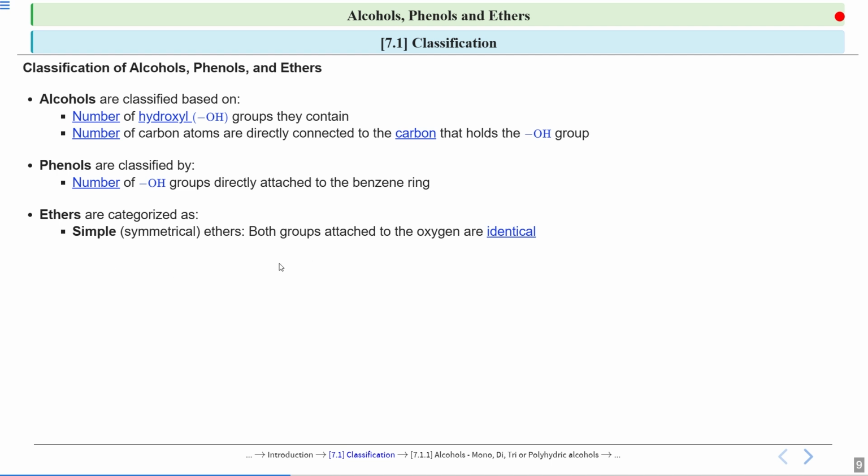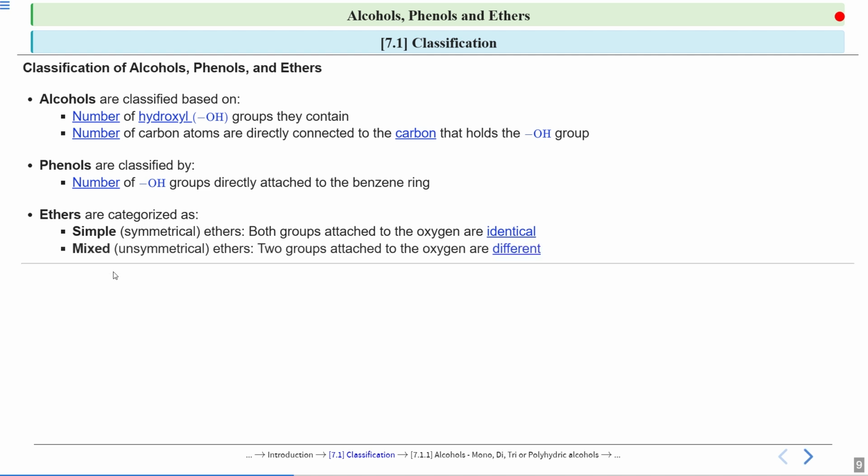If those two alkyl groups are identical, the same, then we call that ether simple or symmetrical ether. The other type of ether is mixed ether, the opposite of simple ethers. You can also call it unsymmetrical ether, where the two alkyl groups attached to the oxygen are different, not identical.